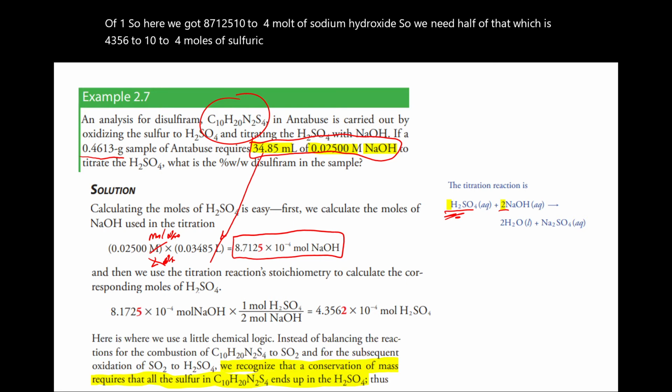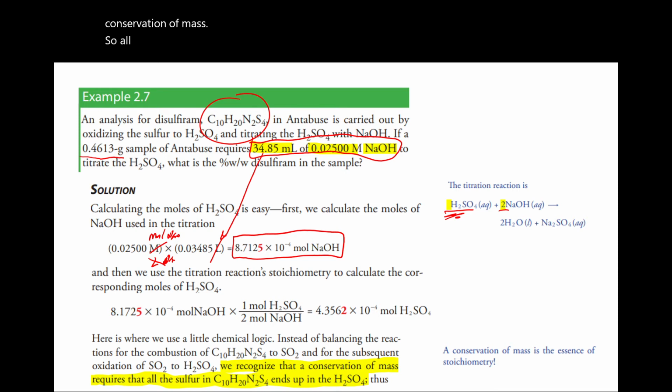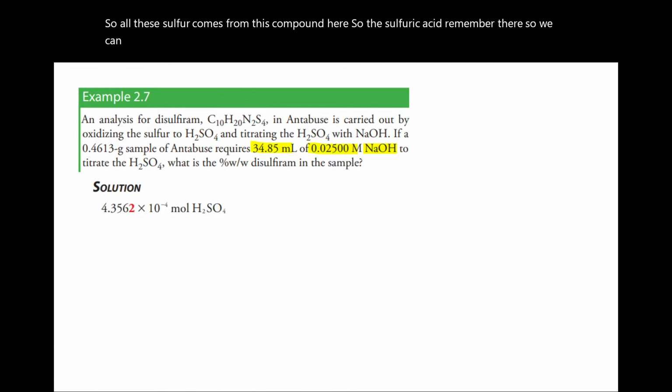So here again, because we know all the sulfur is coming from the disulfiram, we can find the amount. This is kind of conservation of mass. All the sulfur comes from this compound here. So we can relate it to moles.